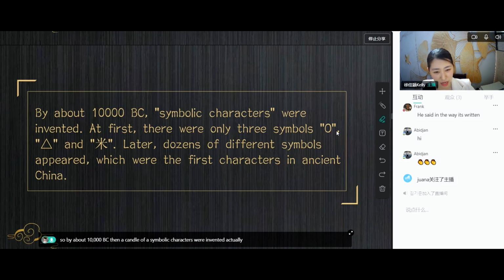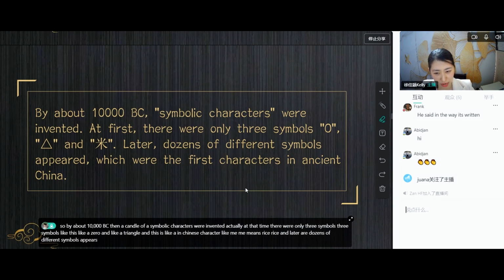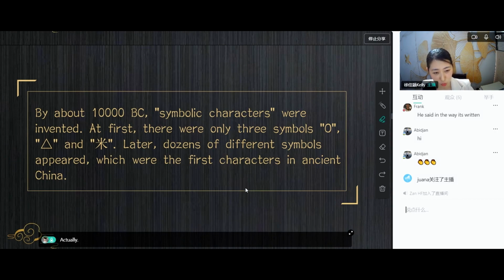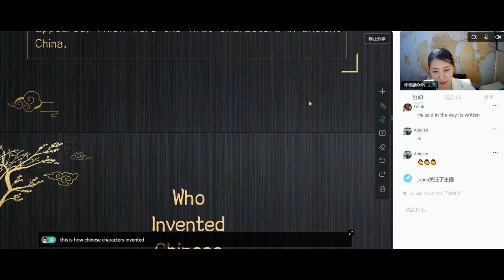Actually, at that time, there were only three symbols, like a zero, like a triangle, and this one is like the Chinese character mi. Mi means rice. And later, dozens of different symbols appeared. Actually, that was the first characters in ancient China. This is how Chinese characters were invented.